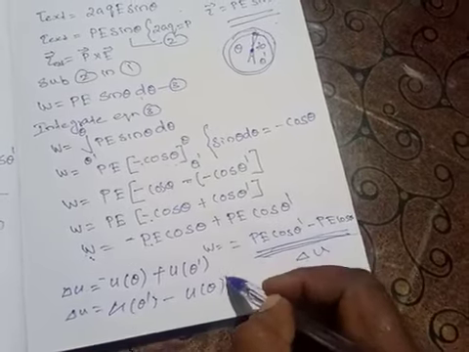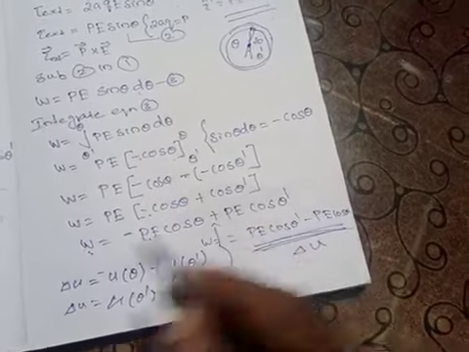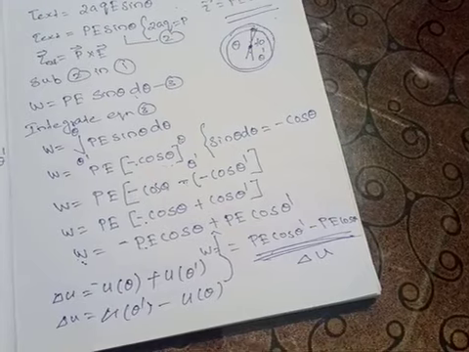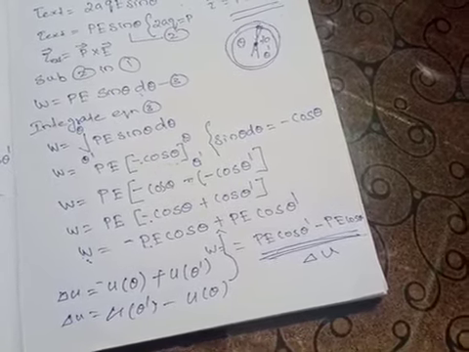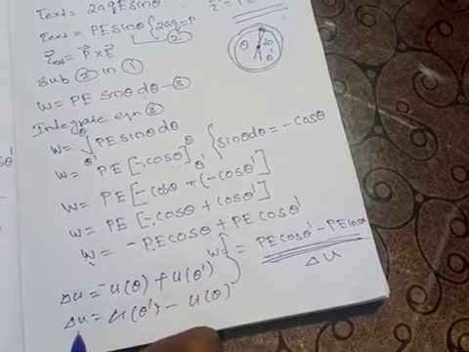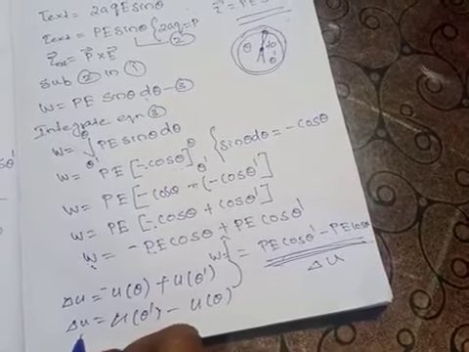This is equal to minus P cos theta plus P cos theta dash. So this is the potential energy.